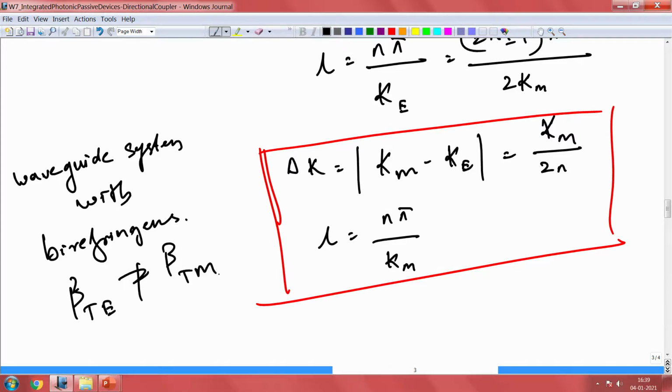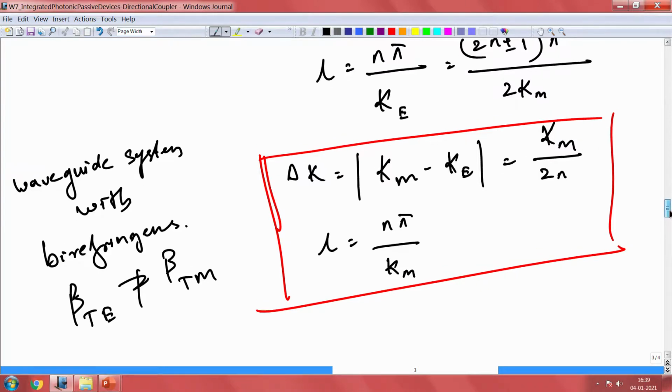So, there should be some difference in this case, and only when you have this difference you will be able to establish this. You could actually exploit this from the medium itself. So, we know that ordinary and extraordinary axes exist, or we could build a waveguide system where you could achieve this difference in the propagation constants.